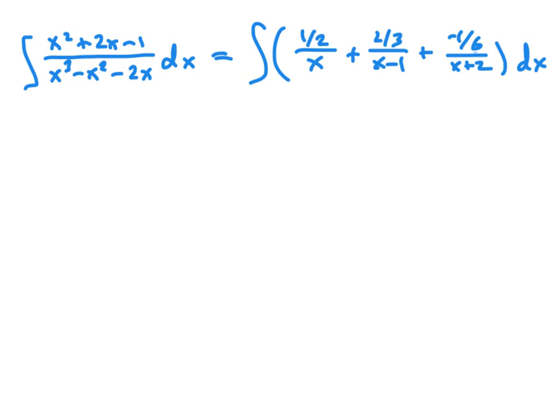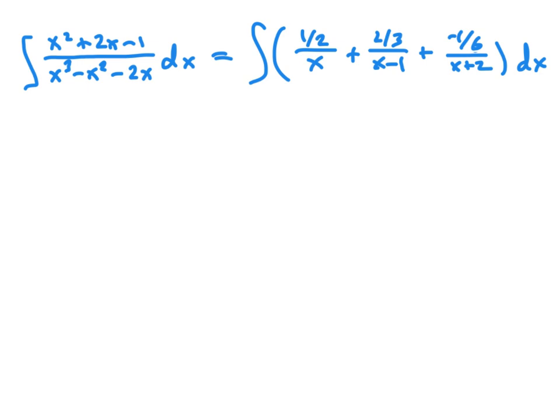So using this partial fraction decomposition, we can take our original integral, x squared plus 2x minus 1 over x cubed minus x squared minus 2x dx, and rewrite it as an integral of our partial fraction decomposition, which consists of a over x, or 1/2 over x, plus b over x minus 1, or 2/3 over x minus 1, plus c over x plus 2, or negative 1/6 over x plus 2.